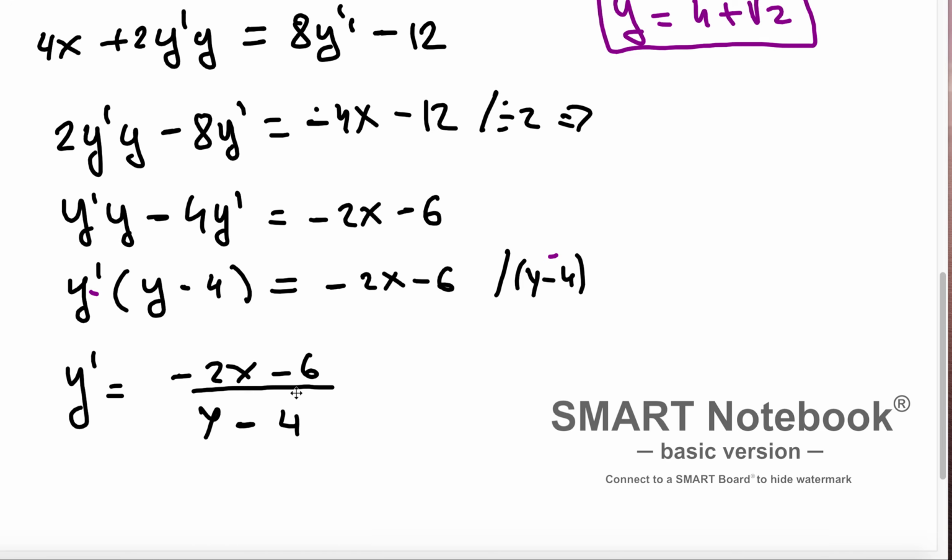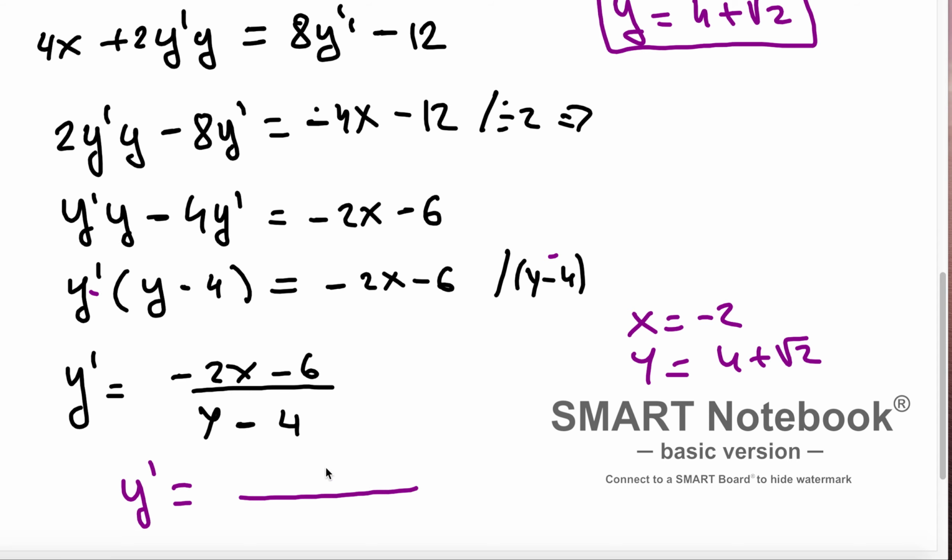Now let me take the last substitution. Instead of x, I'm plugging minus 2, and instead of y, I'm plugging 4 plus square root of 2. This gives the slope of the tangent line to the ellipse at that point. On top I have minus 2 times minus 2, minus 6.